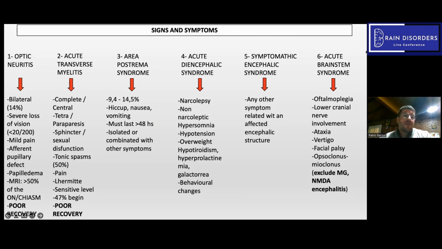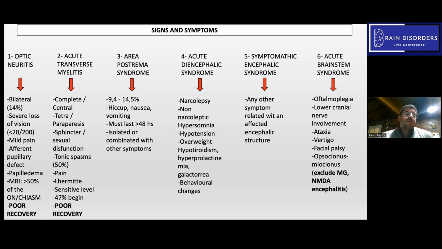It has severe loss of vision that MS doesn't have. Mild pain, whereas MS has moderate pain. And afferent pupillary defect, MS has it too. Papilledema, MS almost always has it too. In MRI, more than 50% of the optic nerve and the chiasm are affected. MS doesn't have this.